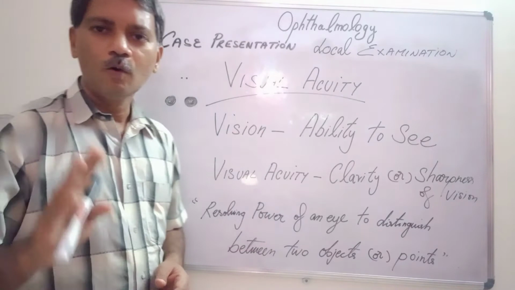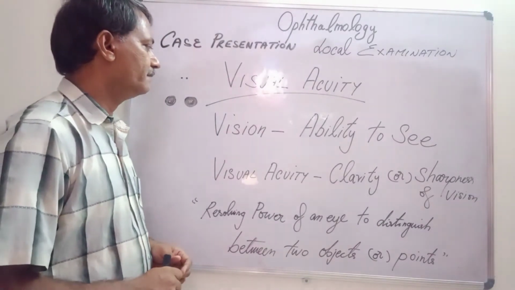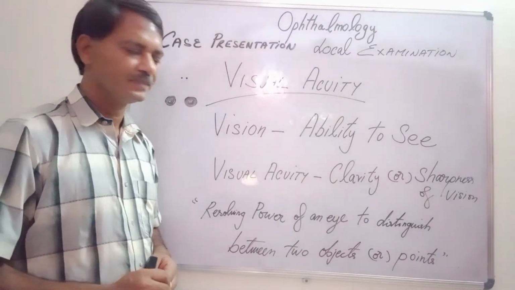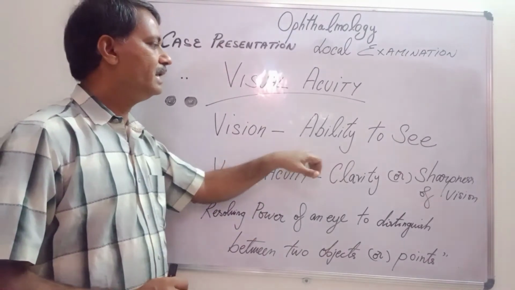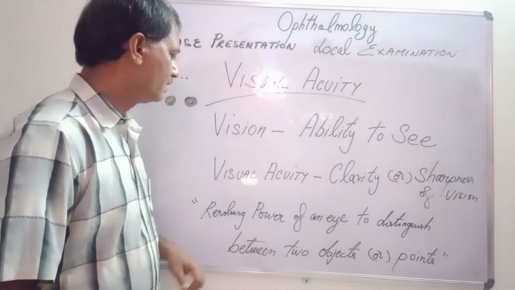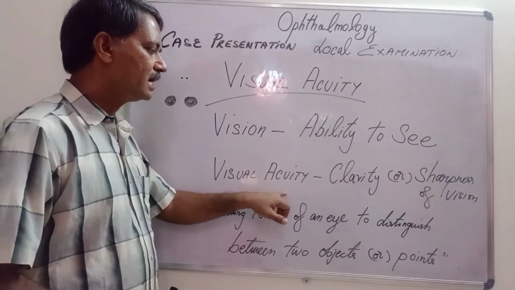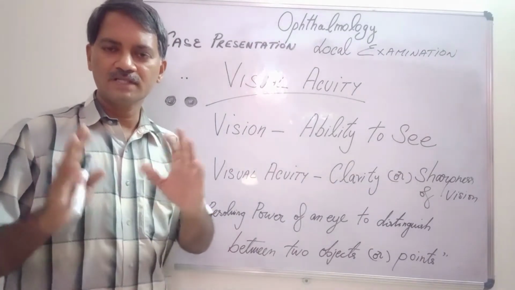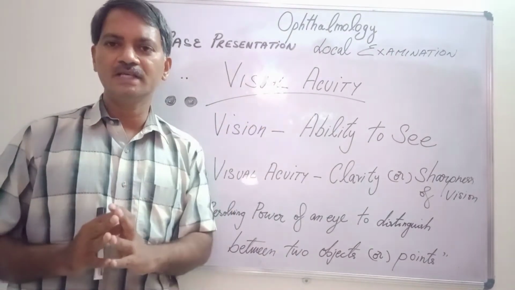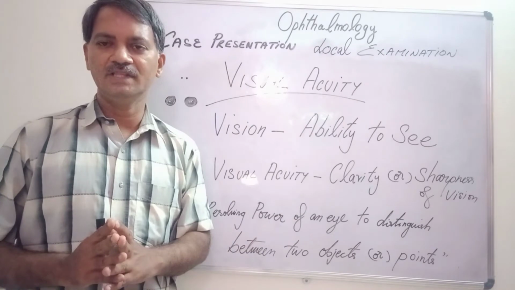Now we should know what is this visual acuity. There are two terminologies. One is vision. Vision is nothing but the ability to see. Visual acuity means clarity or sharpness of vision. The first thing is the ability to see the outside world with the eyes.